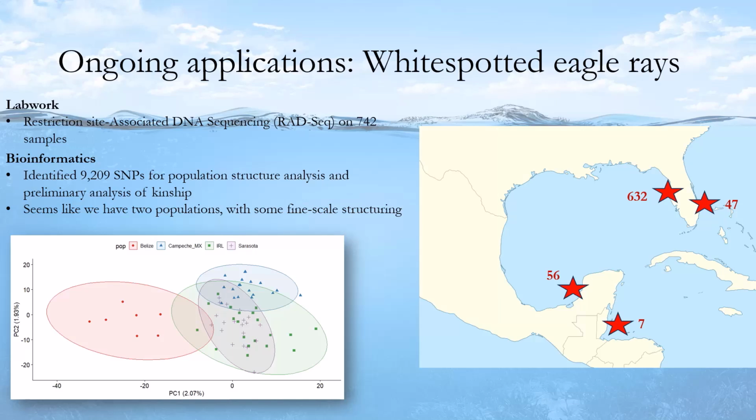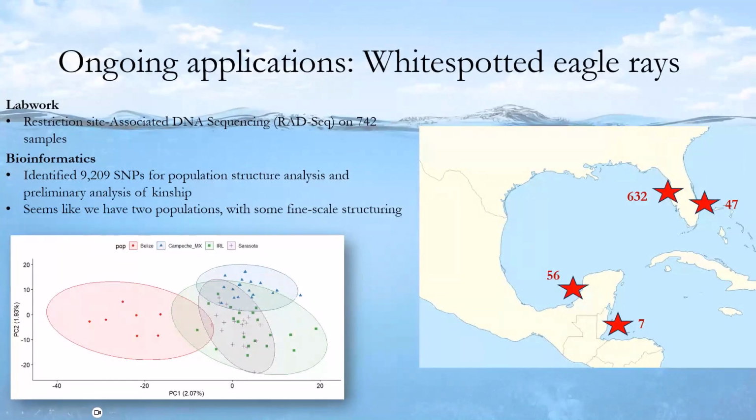This is a PCA plot that takes the genetic variation and condenses it into a two-dimensional figure where samples that are similar tend to group together. And so here we see the samples from Belize, which is the star with the 7 next to it on the map, clearly separate out from the rest of our locations.